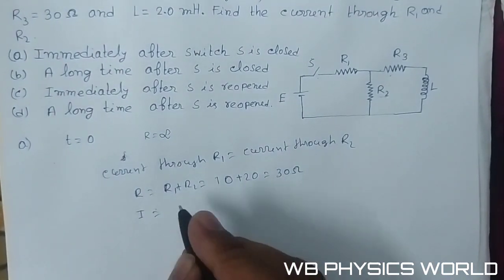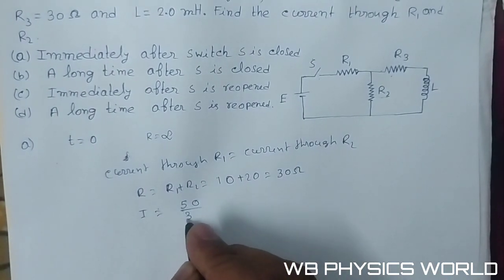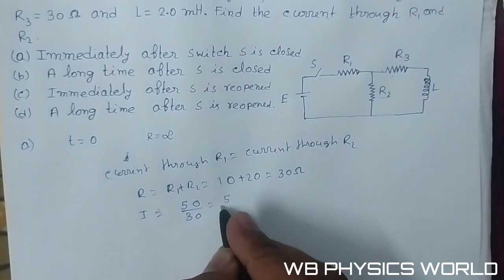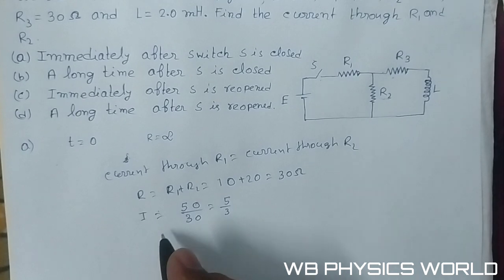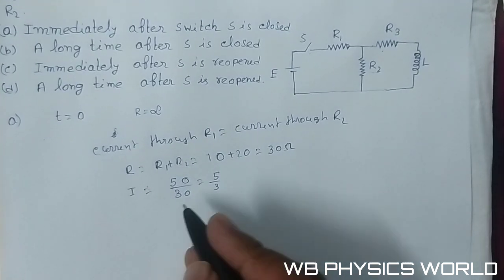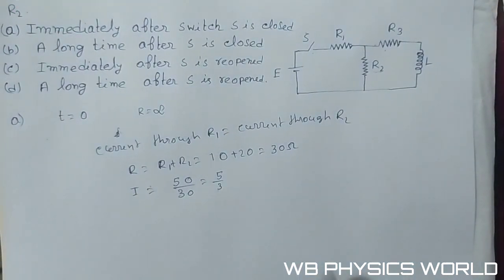So I equal to 50 by 30, that is 5 by 3. So in this case, the current through R1 and R2 is 5 by 3 ampere.